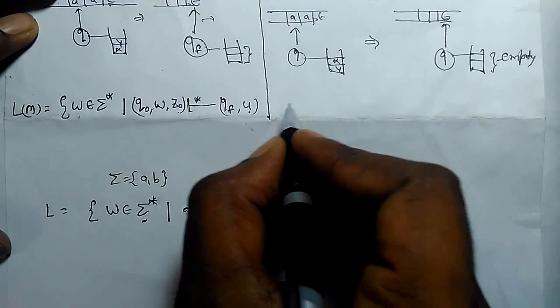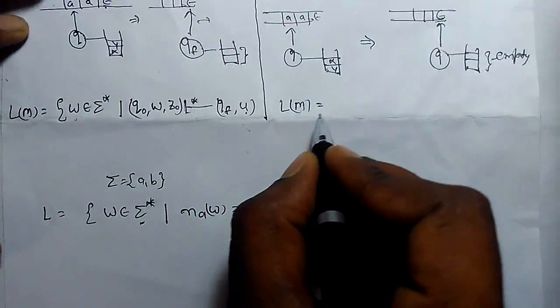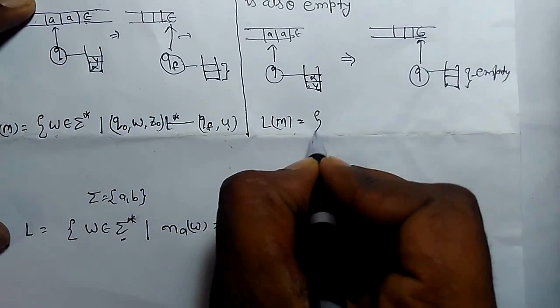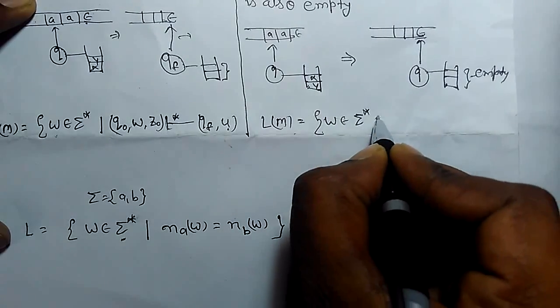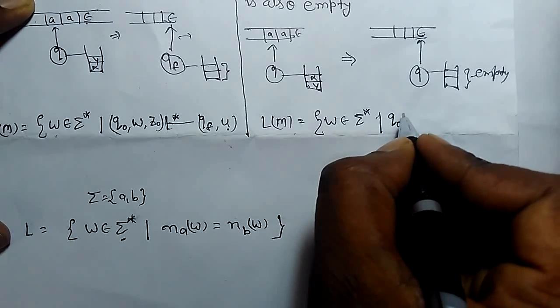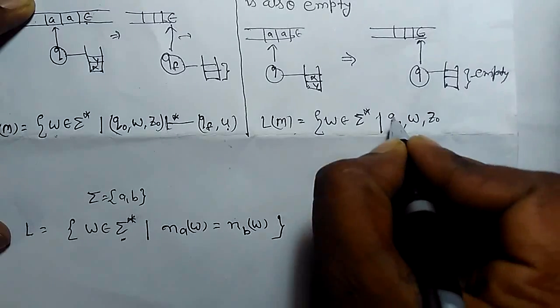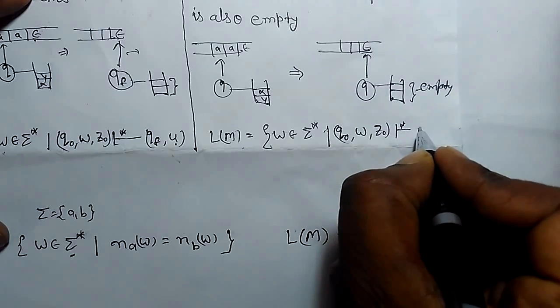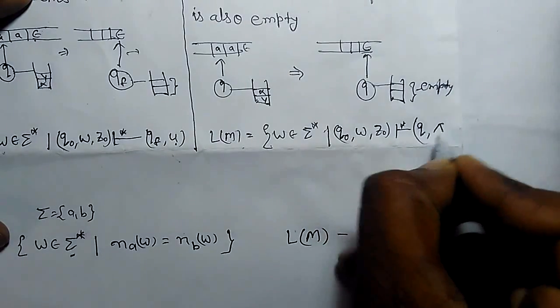But for empty stack acceptance, you read some string that belongs to sigma closure such that the starting state is Q0 and that moves to a state Q, and the stack is empty.